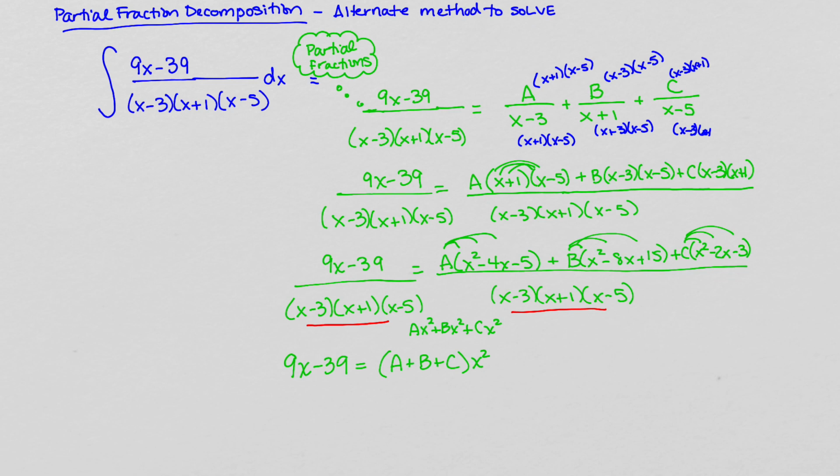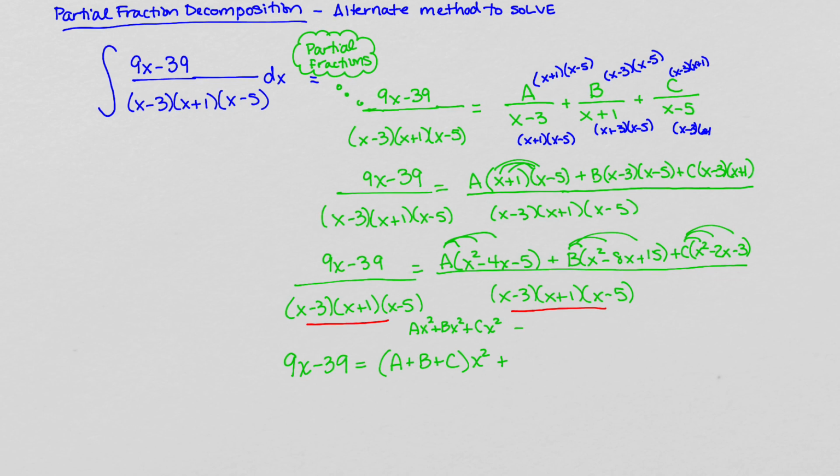And so I am skipping putting those all together, and I'm simply going to factor out an x squared and then write the coefficients next to it, a plus b plus c. I'm going to do the same thing with my x terms, right? I would normally have a minus 4ax, a minus 8bx, and a minus 2cx. And again, I could take out my x, and I'd be left with the coefficients minus 4a, minus 8b, minus 2c.